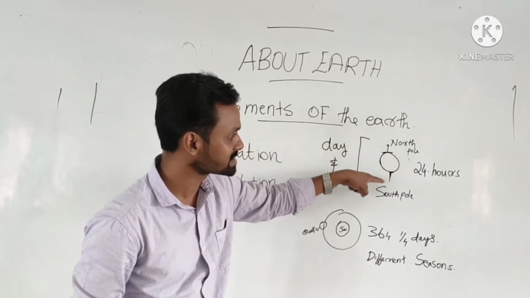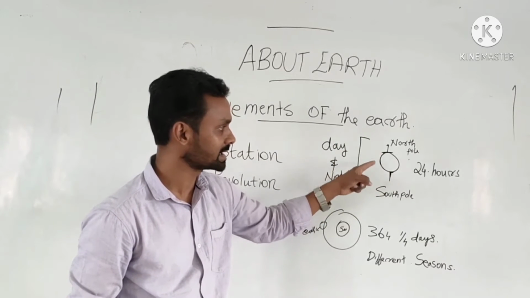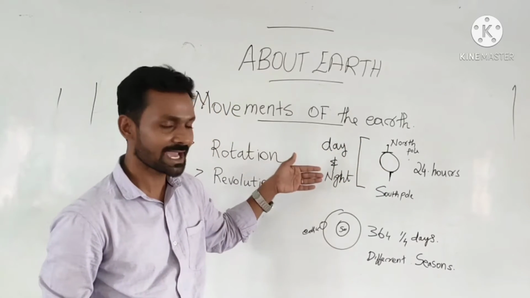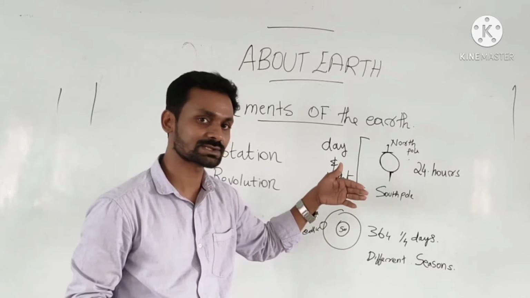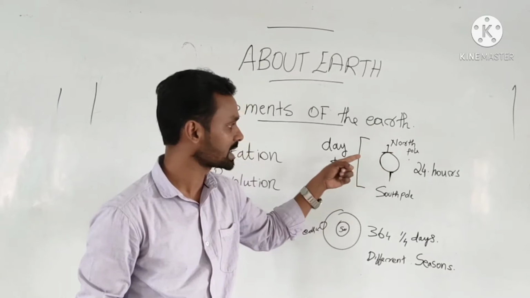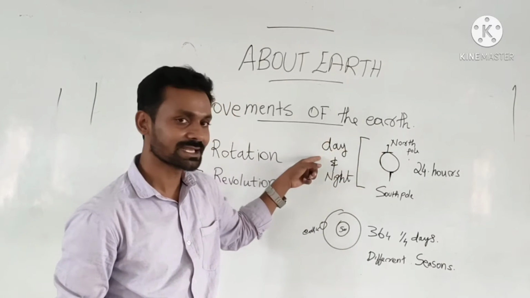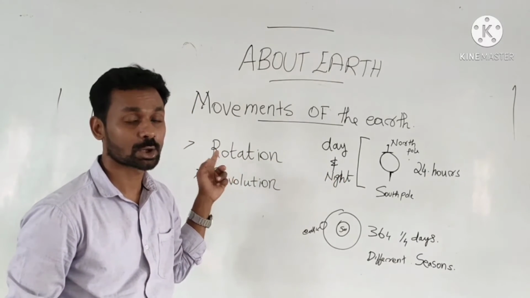The planet rotates on its axis, so we get day and night. How many hours does it take to rotate on its axis? It takes 24 hours. So we get day and night because of the rotation.